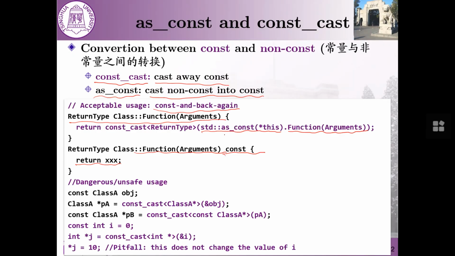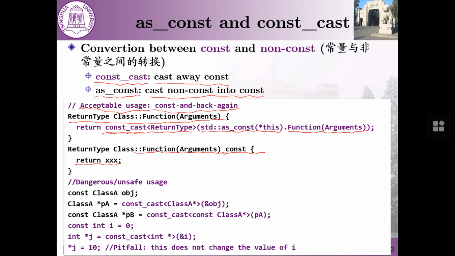And then for the return type, we cast it into non-const. Then we can call the const version in the non-const, then we come back again. Actually, we return it into non-const. Right. So this is a typical usage. This is within our book, actually. You can read it later.